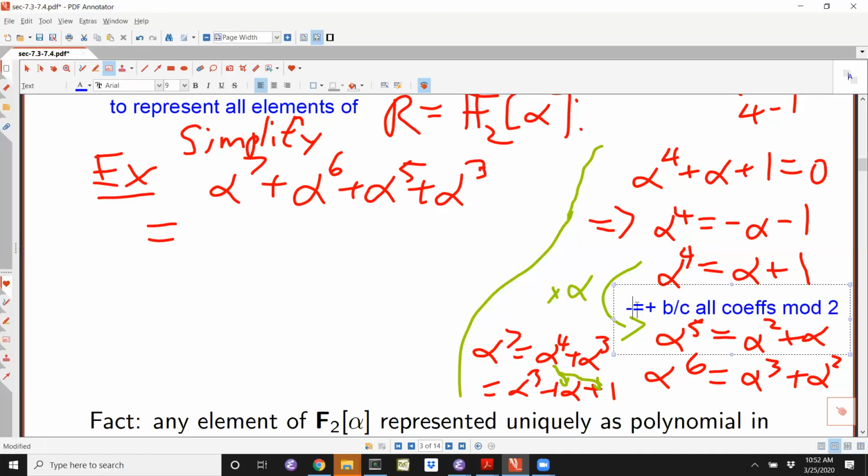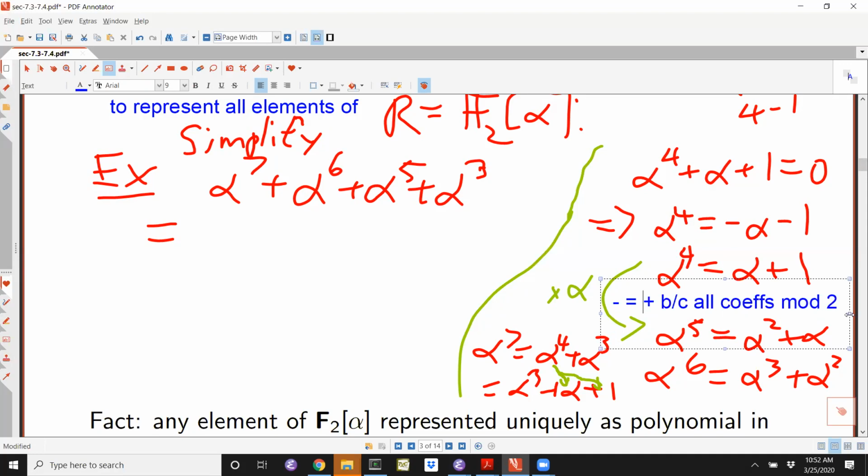Because we're working with coefficients mod 2, plus 1 is equal to minus 1. This is a thing I really like about working with coefficients mod 2: you can never make any sign errors, because there are no signs, because plus is equal to minus. A remarkable fun fact.